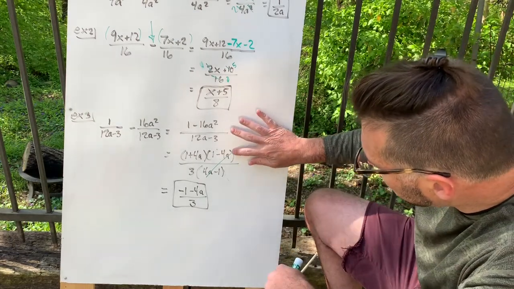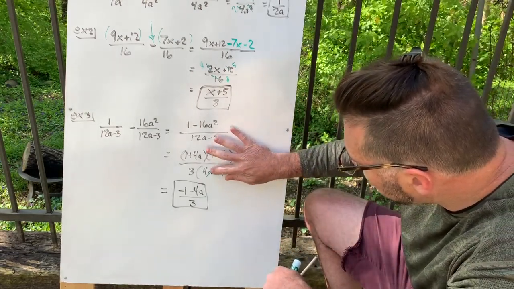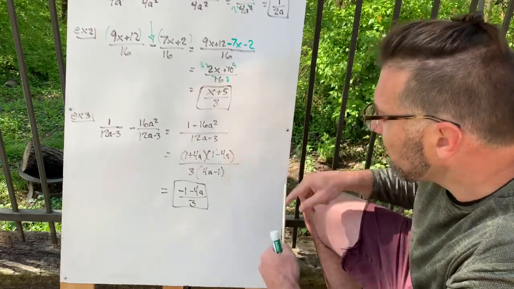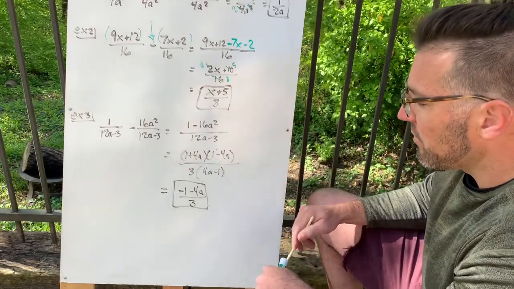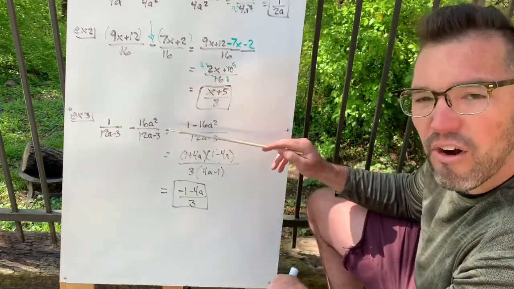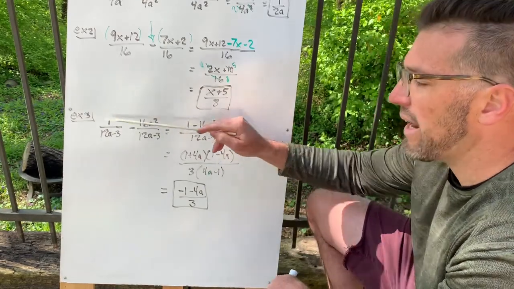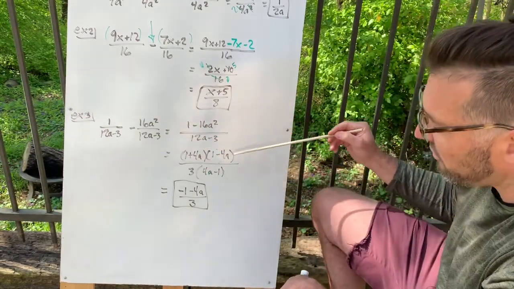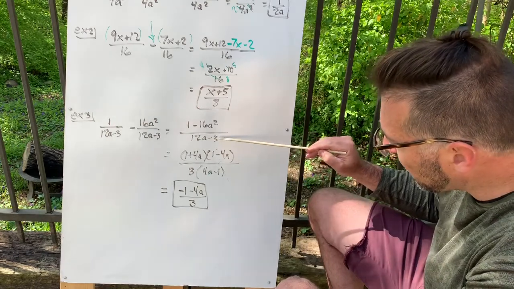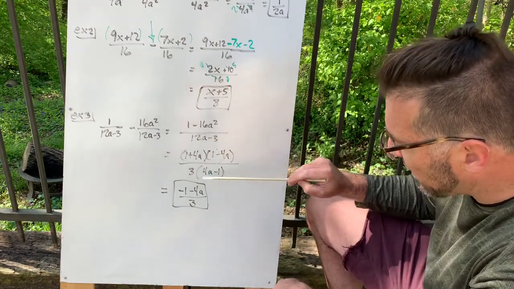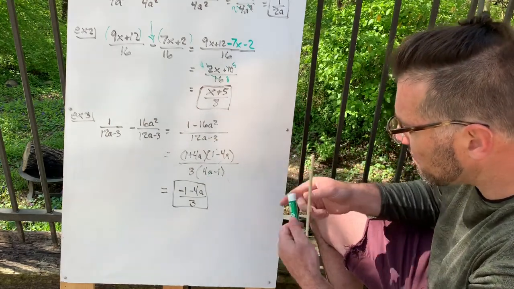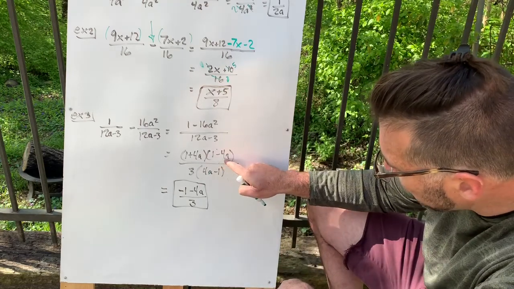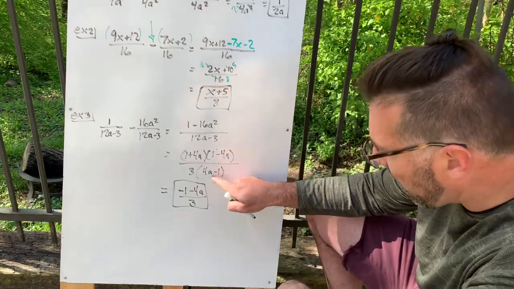Now, I also need to factor the denominator. Now notice, you don't factor anything first. You have to add or subtract your fractions first, then you factor. And so this guy here has a common factor of 3. I factored it out. I get 4a minus 1. Now, this here is 1 minus 4a, and this is 4a minus 1.